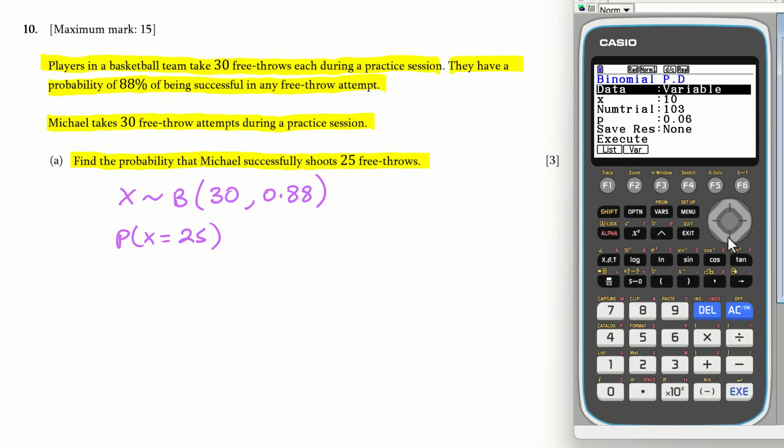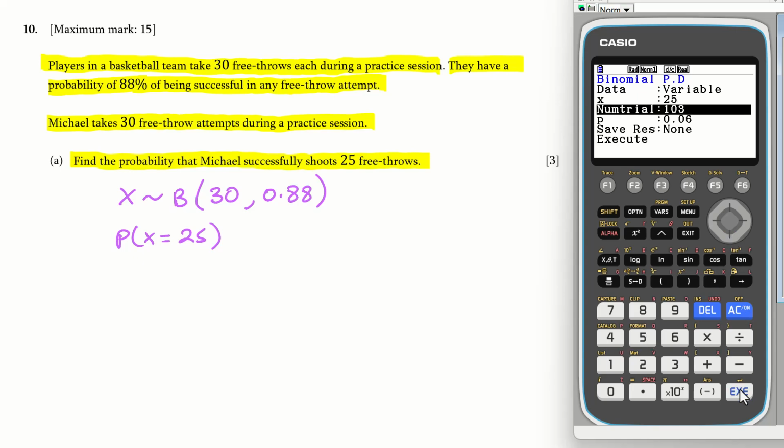And then what we want to do, the data needs to be variable, so that's good. The x is the number of trials, so we're going to put in 30. Oh, no, we're after 25. The x is not the number of trials. The x is the number of successes, 25.